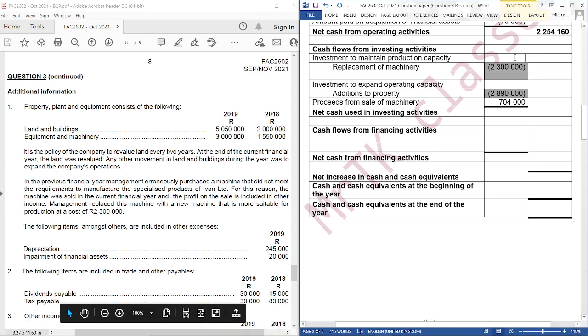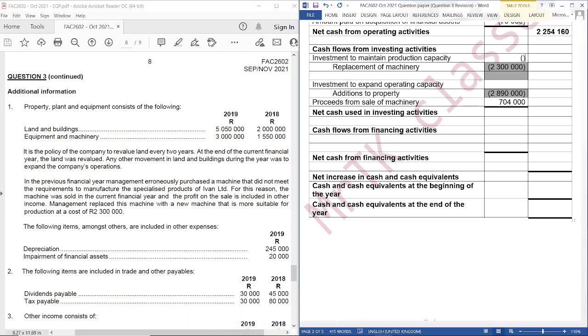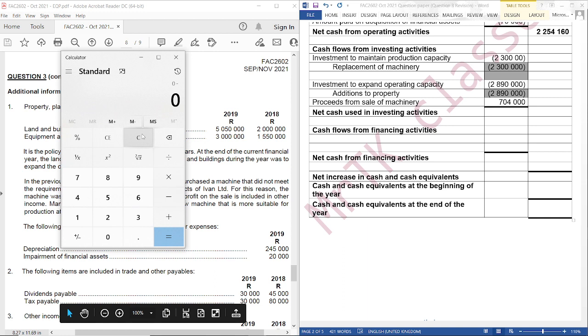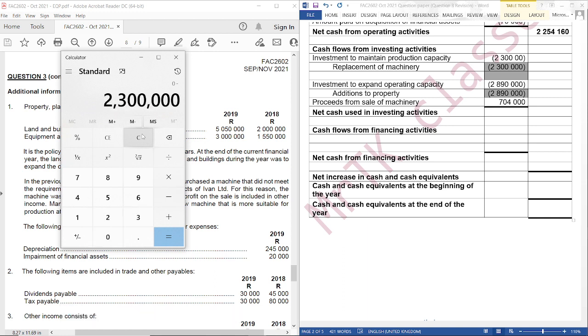Okay, we just want our totals here. Not difficult to calculate because we just have one amount, 2,890,000, minus 2,300,000, and then 2,890,000 plus 704,000.